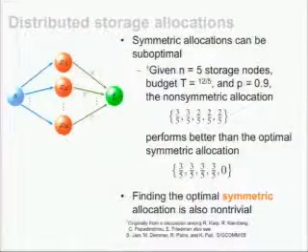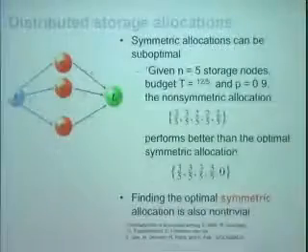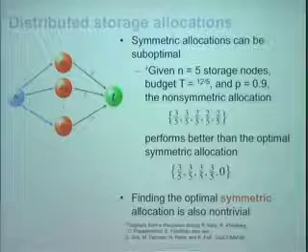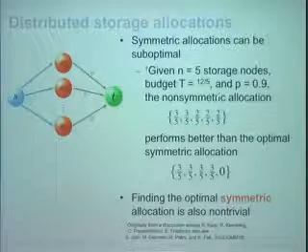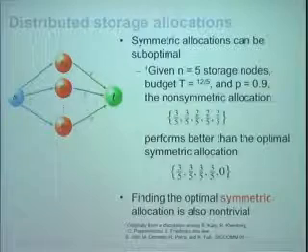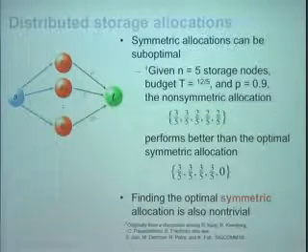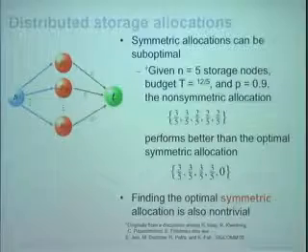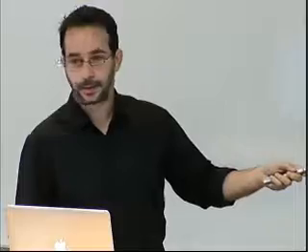Why? Okay. So first claim, symmetric allocations can be suboptimal. What do I mean? Let's say you give me 5 storage nodes and you give me this budget, 12/5. That's my total storage. You can prove that this crazy allocation that is not symmetric, so it's 3/5, 3/5, 2/5, 2/5, 2/5, is better than anything else. This is the best way to allocate information.